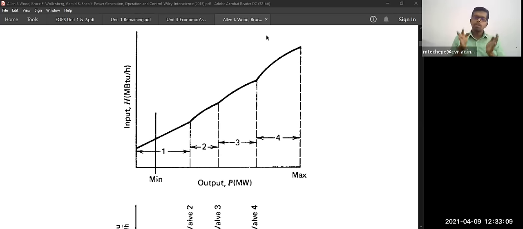Whereas on the domestic side, we will be using more appliances like ACs in the summer season, so the load will be more.